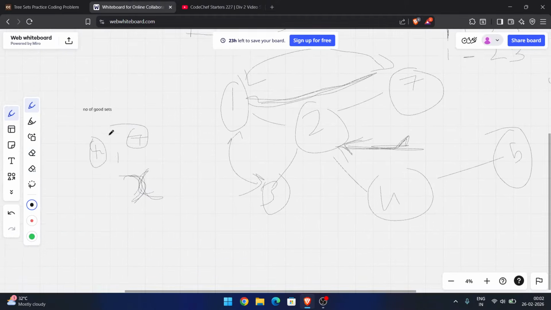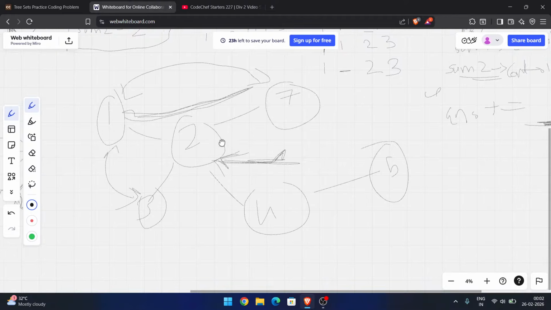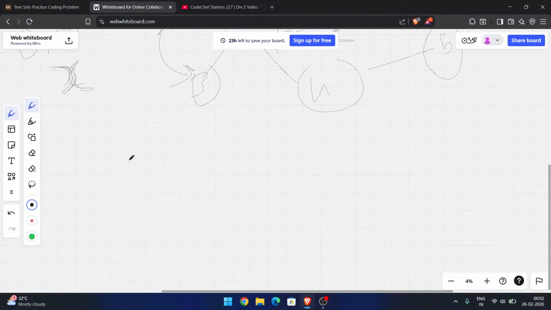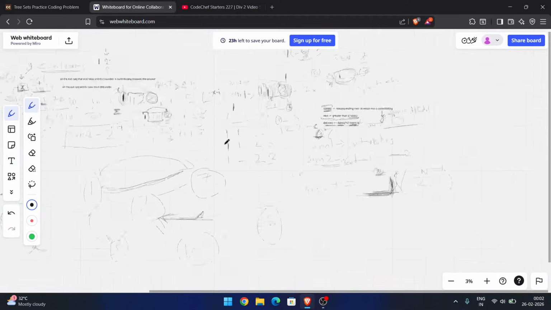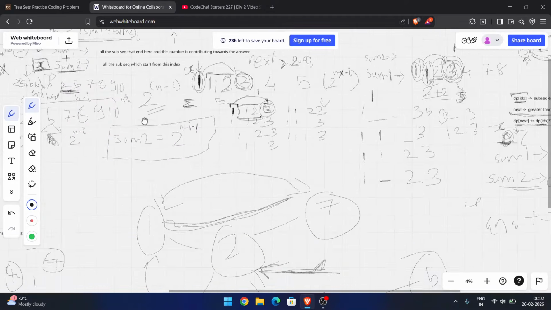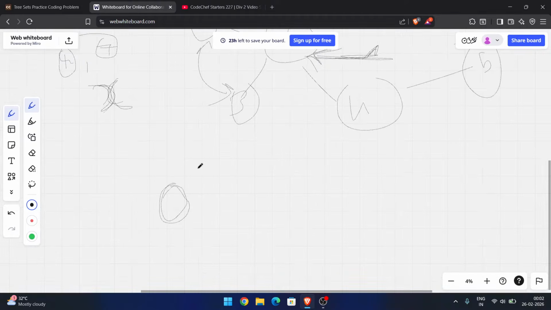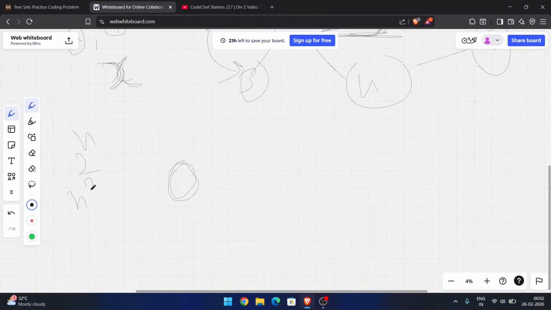So we have to find out how many good sets are possible. How can we do that? Instead of calculating every good set, because again we have to simplify this as we simplified the earlier question, we can't find every possible subset, because there would be 2 raised to the power n subsets, and each one of them would take n squared.